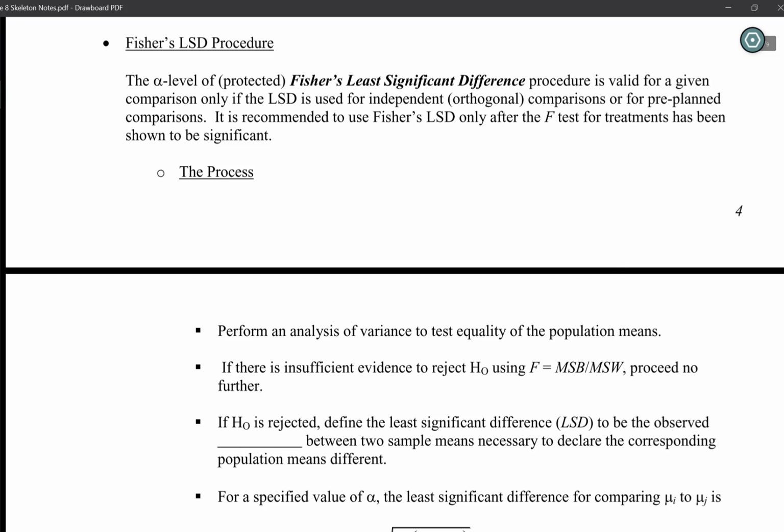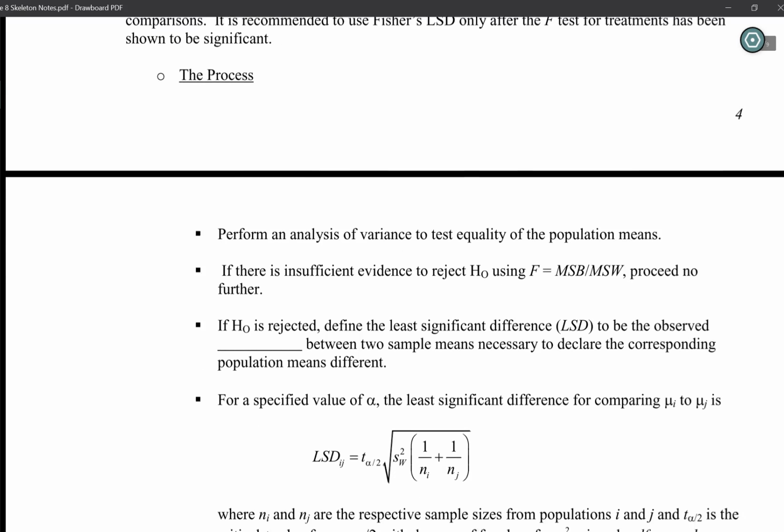We're going to have here several multiple comparison procedures to look at multiple tests at a time. Now, this first procedure we're going to look at here is called Fisher's least significant difference. And the process is as follows.